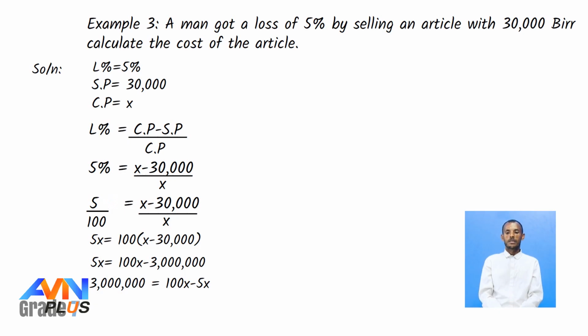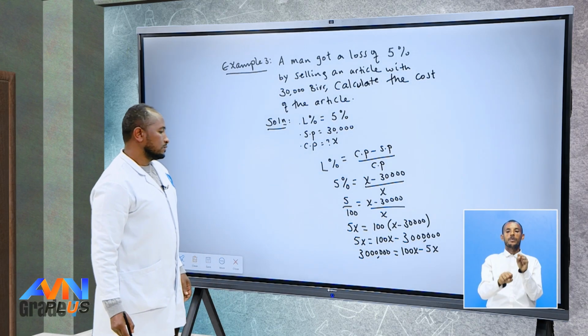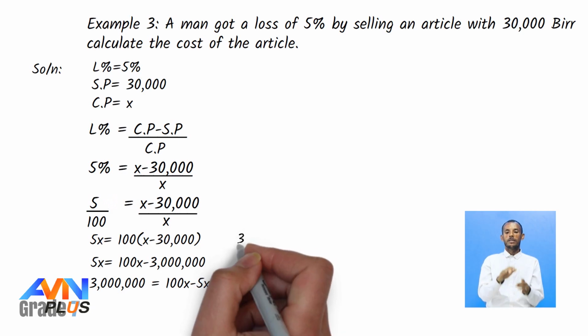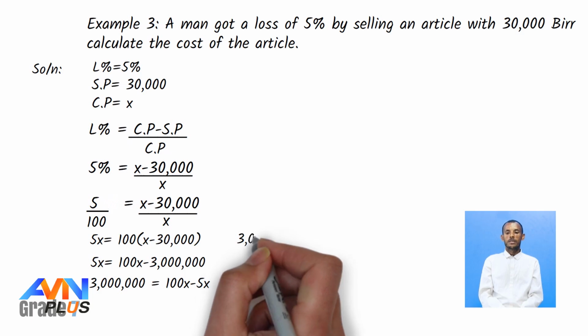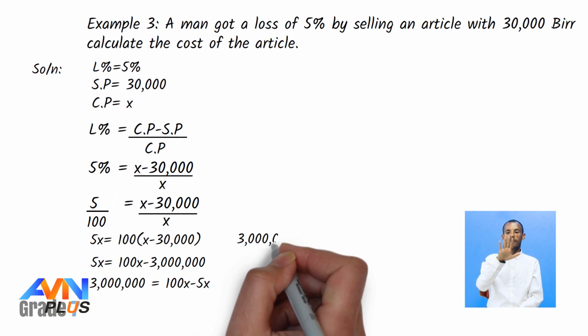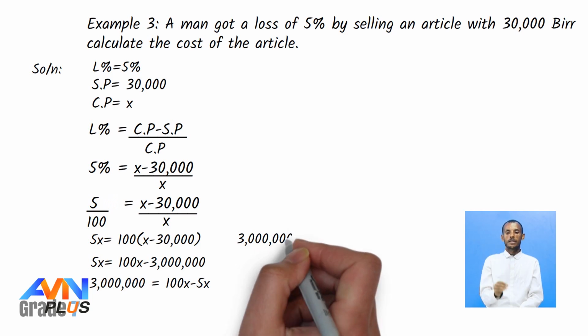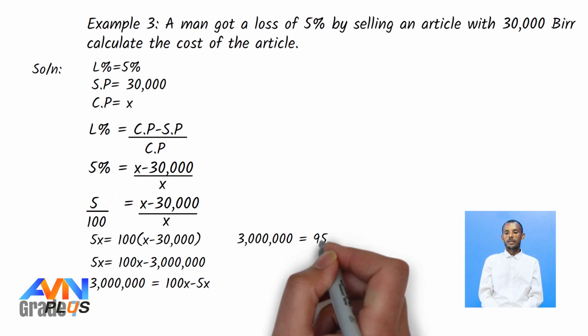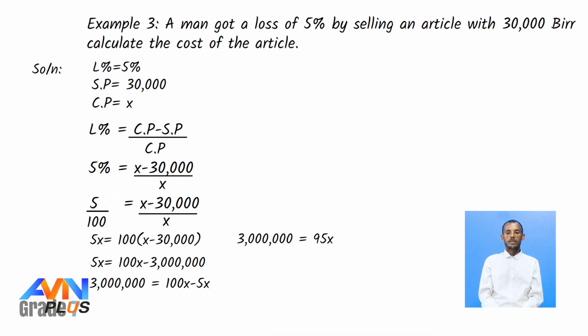To find this, the difference of these two is 95x, and this one is 3 million.